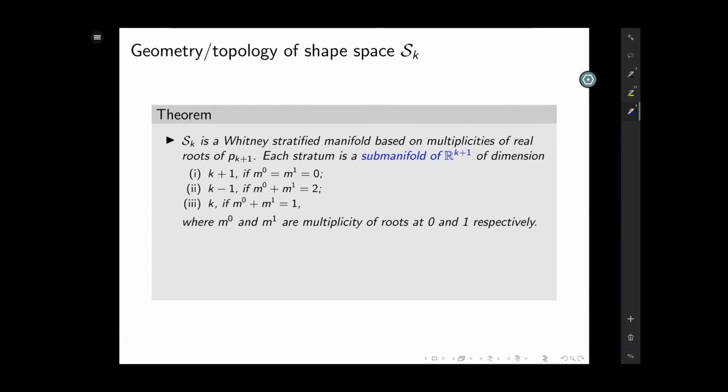Right. So we've given coordinates to this shape space. One is with the extrema, the other one is with the polynomials. The extrema vector is fairly easy to see, just a bunch of y's, and you just need to rearrange them so that they preserve up and down order. On the other hand, the geometry of these polynomials is slightly more complicated.